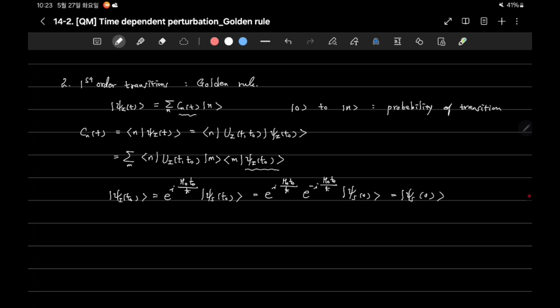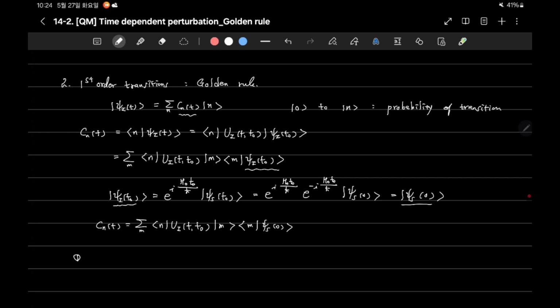From this calculation, psi_I(t0) is identical to psi_S0, the zero state. So this c_n(t) is the summation over m of <n|U_I(t, t0)|m><m|psi_S0>.